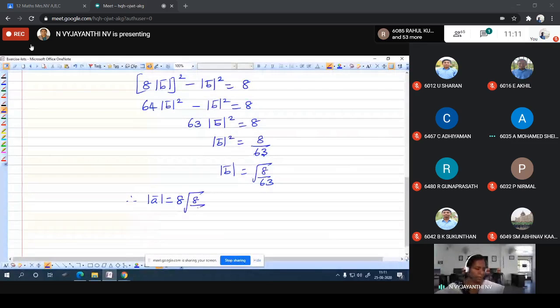Is there any possibility of simplifying this? No. So is this the correct answer? Check whether we have made any mistake.